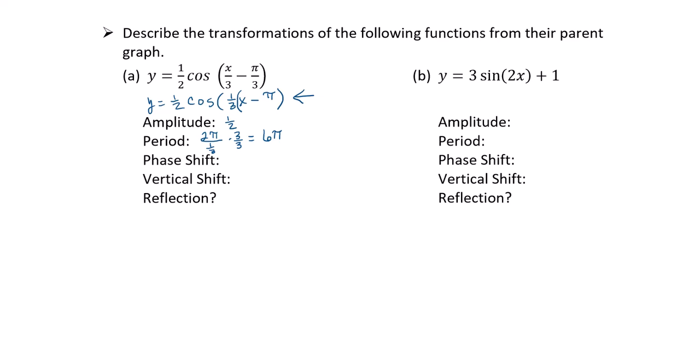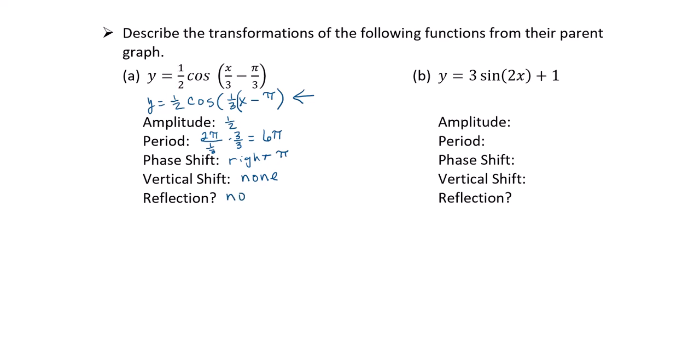The phase shift is going to be right by a value of pi. The vertical shift, we don't have anything added on over here, so plus 0. We have no vertical shift. And is there some kind of reflection over the x-axis, or if there's a vertical shift, some reflection over that midline? No. If we did, we would have a negative sitting out front here.